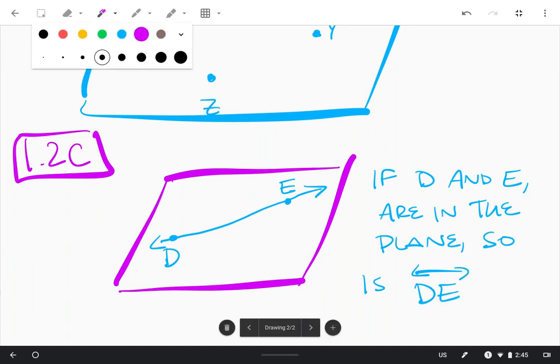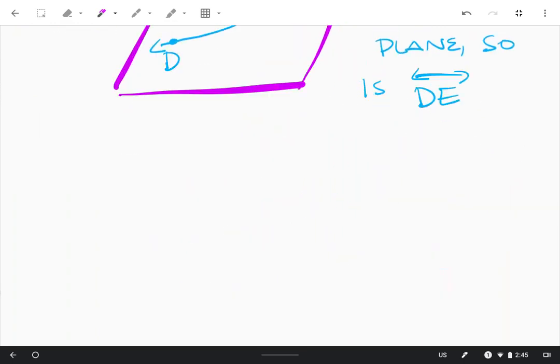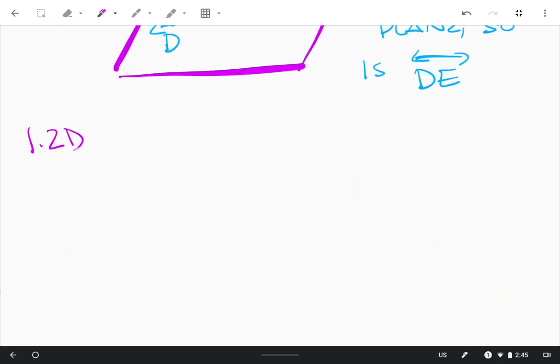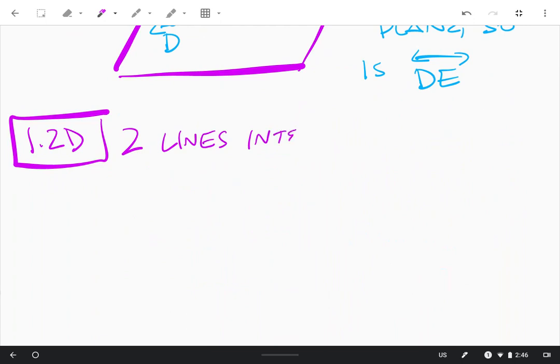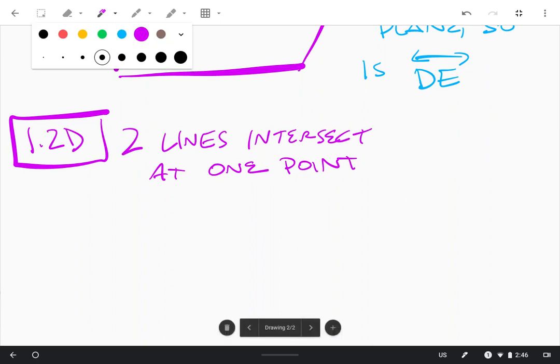2 more, and then we'll be done. 1.2d. It says if 2 lines intersect, they intersect at 1 point. This is pretty straightforward. You know this intuitively, probably.